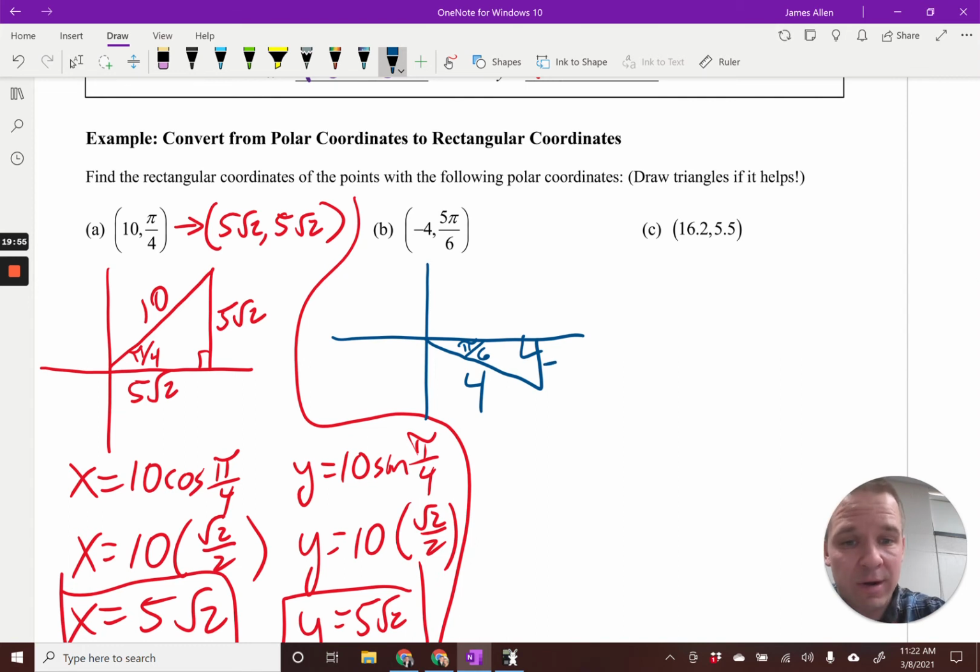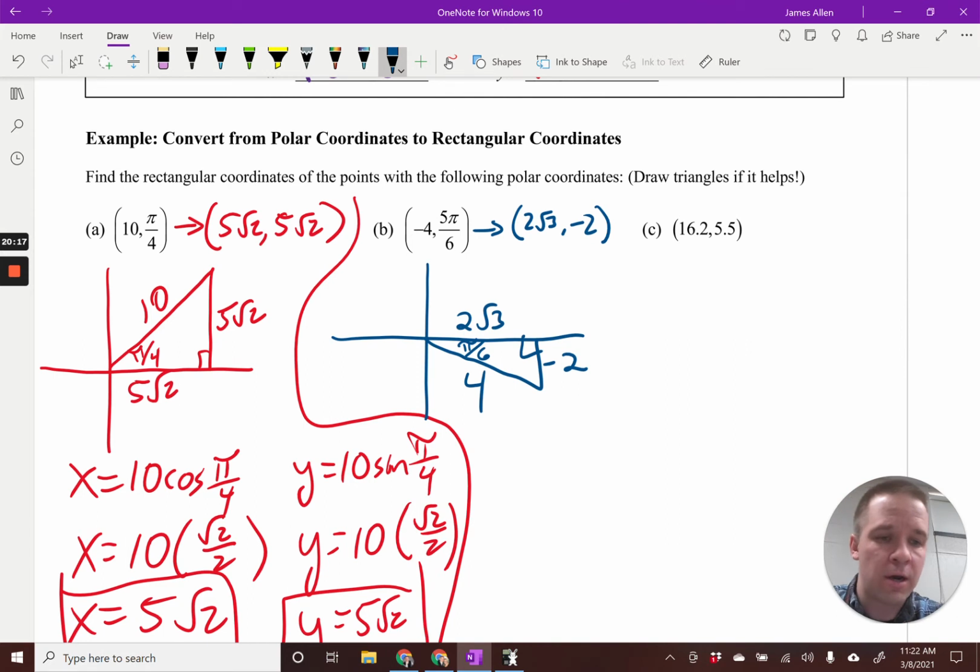So that would make this side right here a -2, and this would be a positive 2 root 3. As you can see, knowing your 30, 60, 90 triangle and your 45, 45, 90 triangle is super helpful here, knowing those sides. Otherwise, you have to do a little more tricky stuff. So my rectangular coordinates are just 2 root 3, -2.